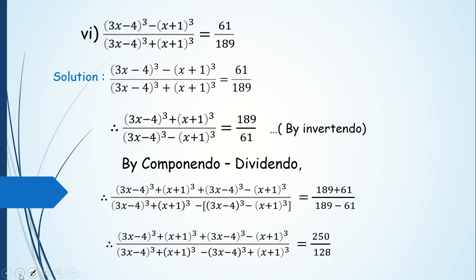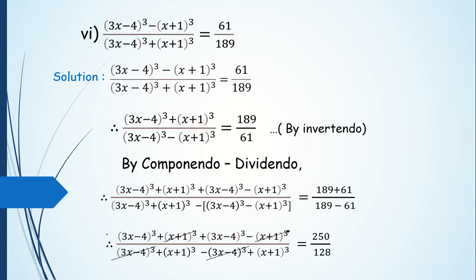Numerator plus denominator upon numerator minus denominator. So here this part and this part is getting cut. This part and this part is getting cut. So (x plus 1) the whole bracket cube has got cut. And here (3x minus 4) the whole bracket cube will get cut.